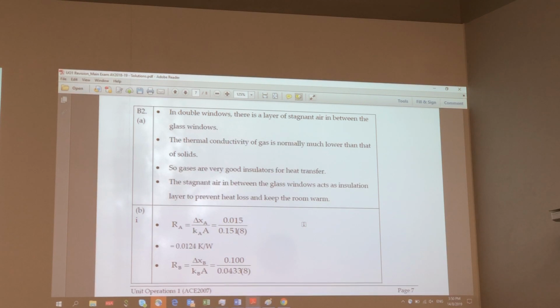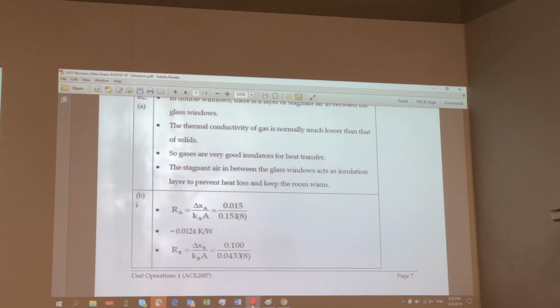The reason is that the thermal conductivity of air is very low, so it is a very good insulator for heat transfer. That stagnant layer of air acts like an insulation layer. So this is part A.